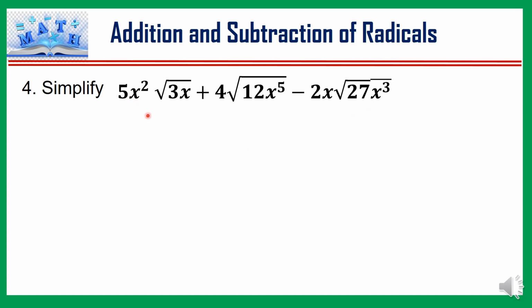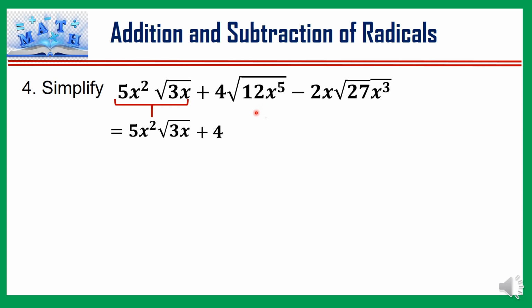Yung mga terms na hindi pa natin pwedeng isimplify, just copy. Kagaya nitong 5x squared of 3x, kasi si square root of 3x ay hindi na natin pwedeng isimplify. Prime number na si 3, at the same time, yung x natin dito ay ang exponent niya ay 1, so hindi na siya pwedeng i-divide dun sa ating index. So, just copy. And then, same with positive 4.